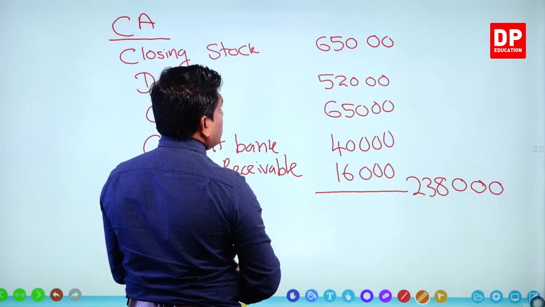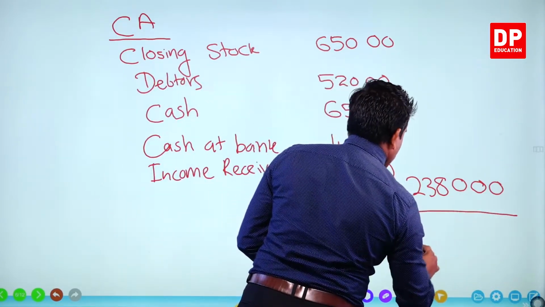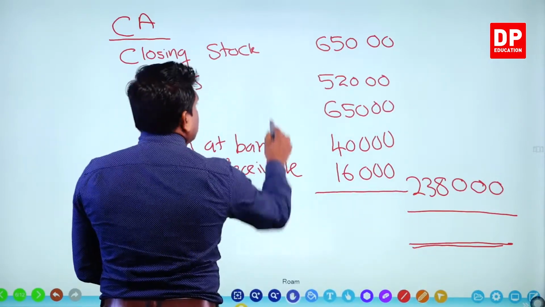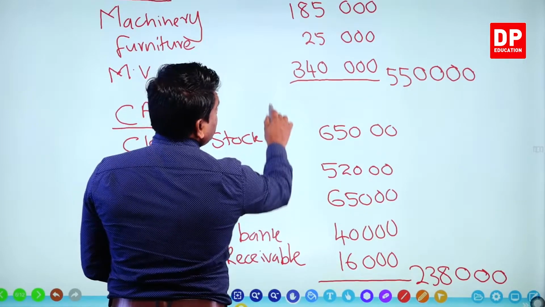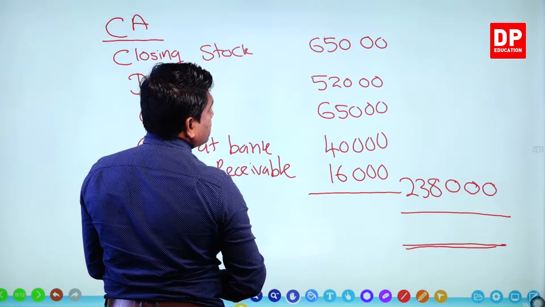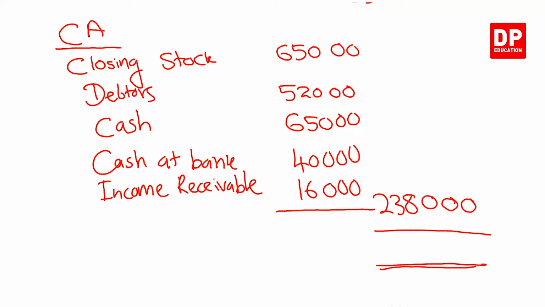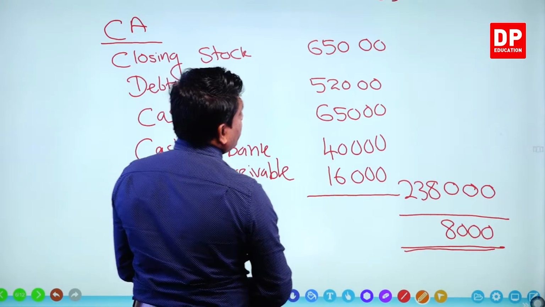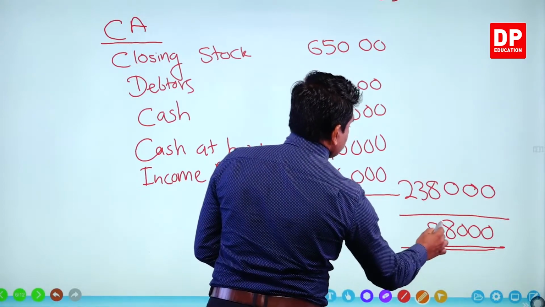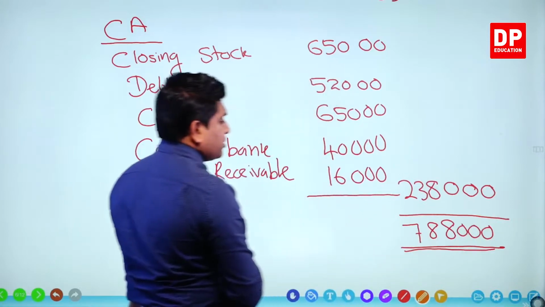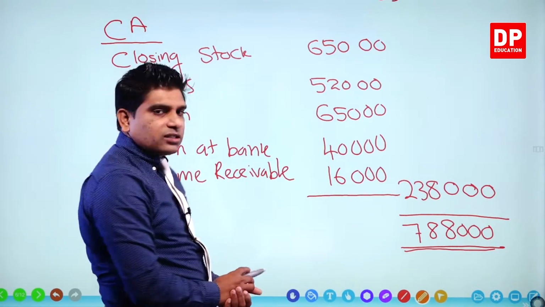Above you can see total non-current assets. Then asset side finish. Then you can get the total of above 550,000 here, plus 238,000, 5 plus 3, 8,000. 788,000.